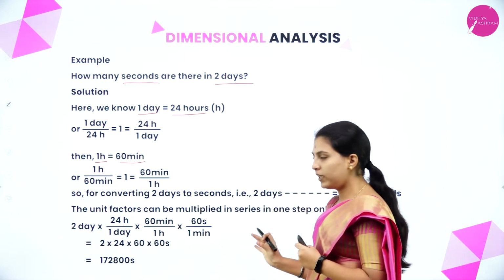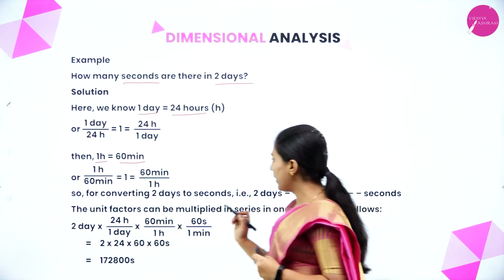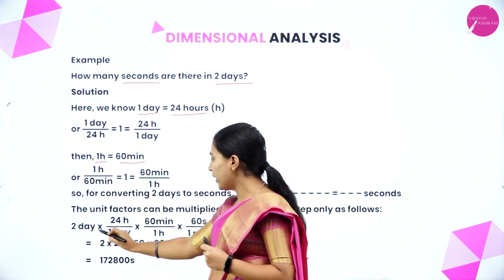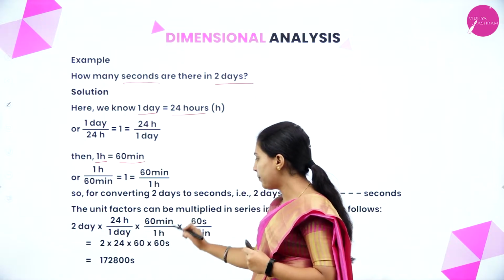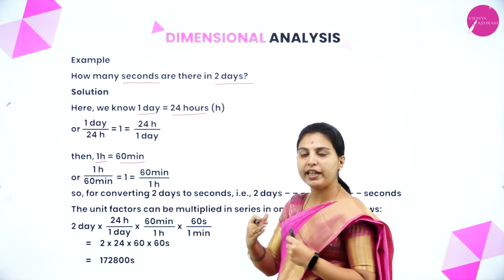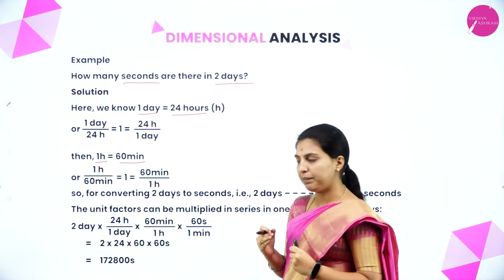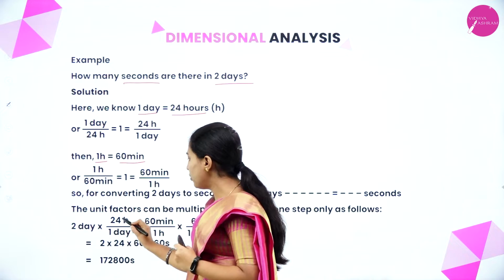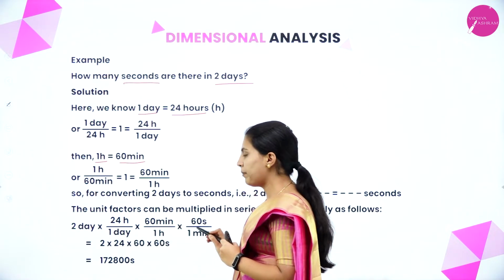By taking all the factors, you do it in one step: 2 days, with 24 hours per day, 60 minutes per hour, and 60 seconds per minute. You have to convert everything to seconds, because the second is the unit for time. So 2 days into 24 by 1, 60 by 1, 60 by 1.